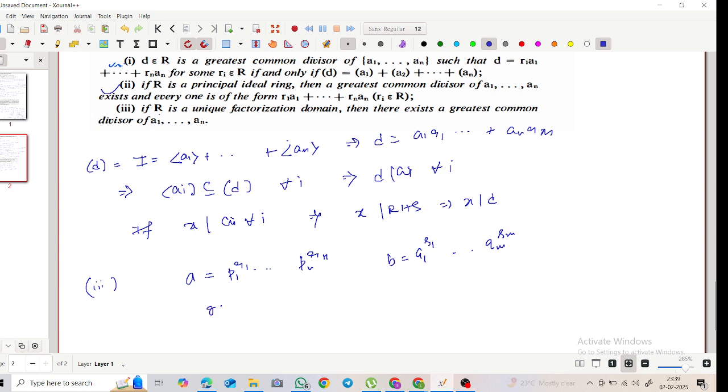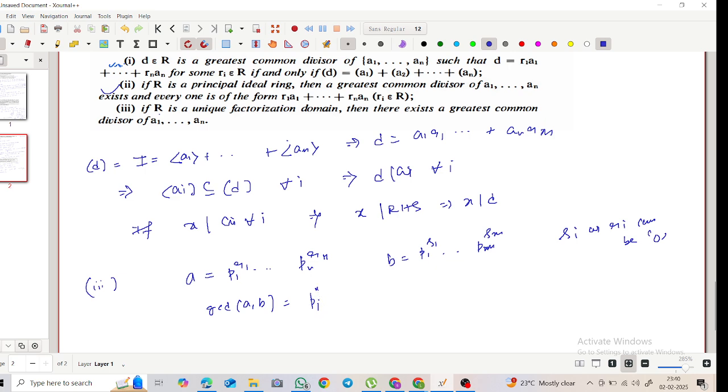You define gcd(a, b) by p1 to the power min(r1, s1) and so on up to pm to the power min(rm, sm). Here r_i or s_i can be 0. If something is not in the expression, we put 0 in the power.